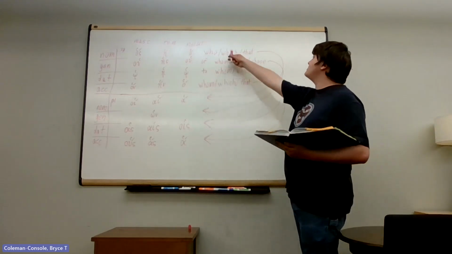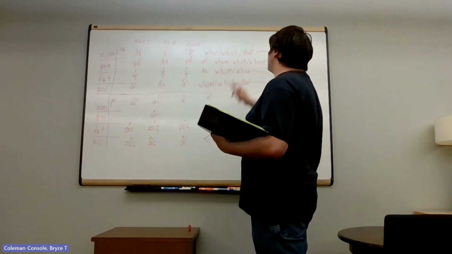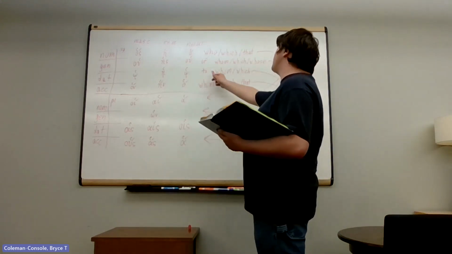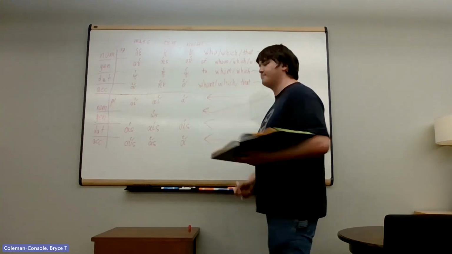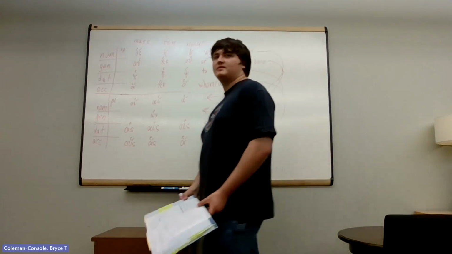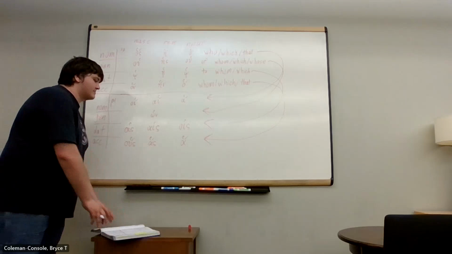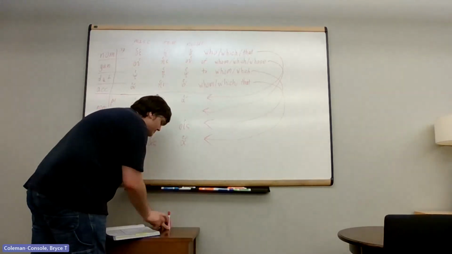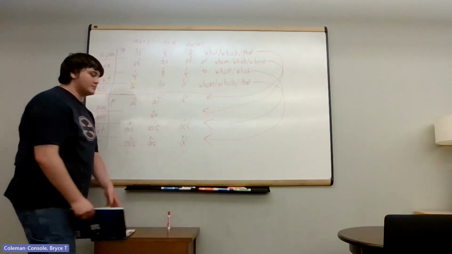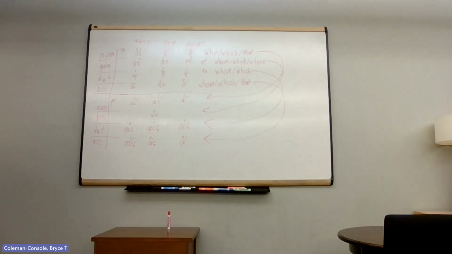The nominative always means who, which, or that. The genitive always means of whom, which, whose. The dative always means to whom or to which. The accusative always means whom, which, or that. Doesn't matter the number. Hey, it makes translating easy. You just gotta know the case, and then write based on context.